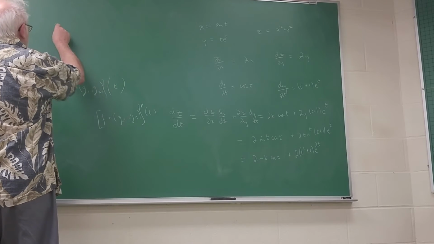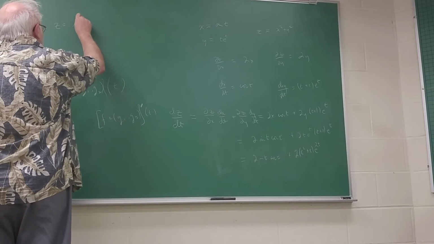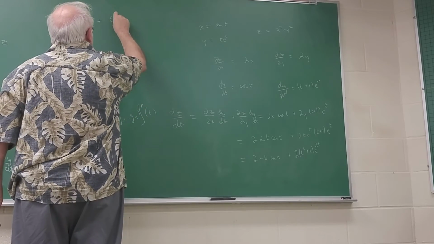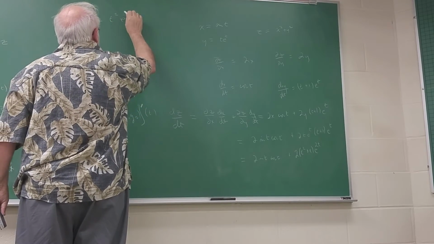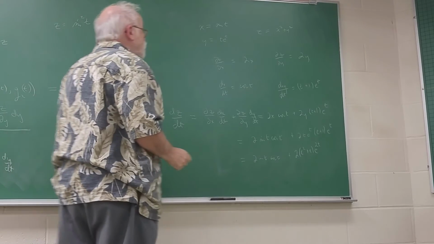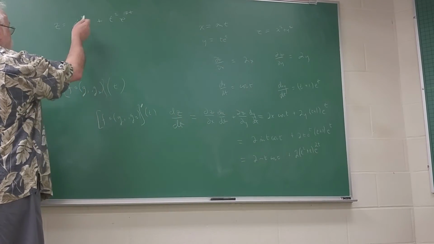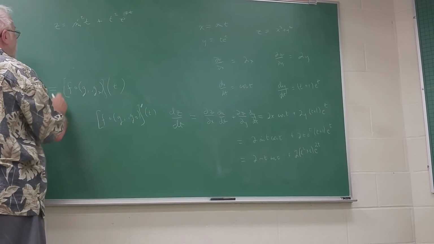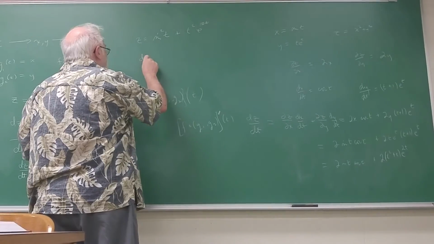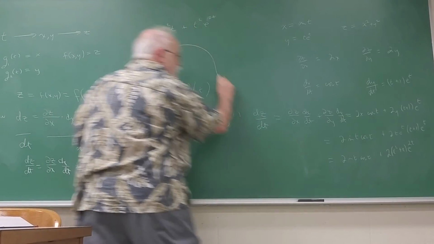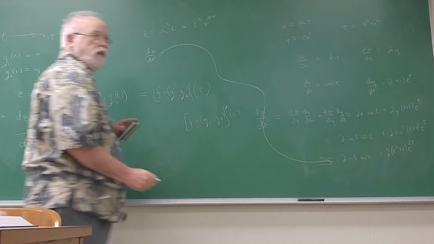So z is actually equal to sine squared t plus t squared e to the 2t, right? I'm just squaring that thing. And so now, sine squared, of course, you get 2 sine t cosine t. dz dt equals, well, I haven't looked at that one yet, but guess what? It's going to be that.